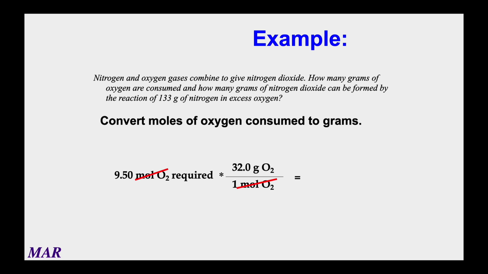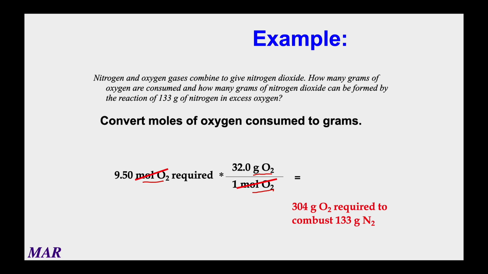We'll divide by a mole of O2, so that the moles of O2 cancel out, and the only unit left standing will be grams of O2. So 9.50 times 32, it's going to take 304 grams of O2 to react 133 grams of N2.